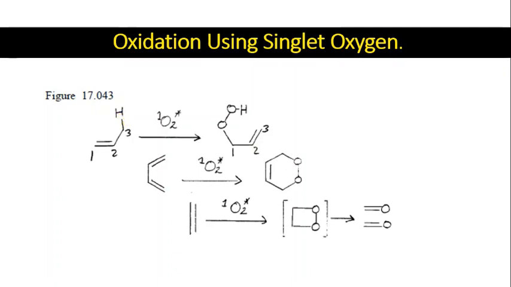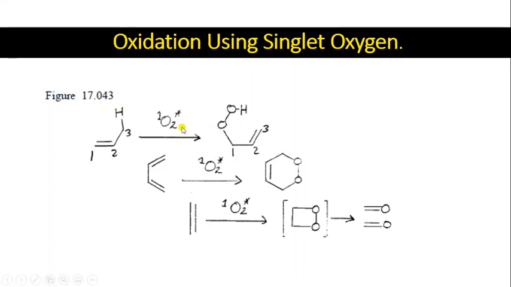So there is an insertion of oxygen between the C and H, resulting in the hydroperoxide. This is the first example: the oxygen is inserted between the carbon and the hydrogen, resulting in product number 1.